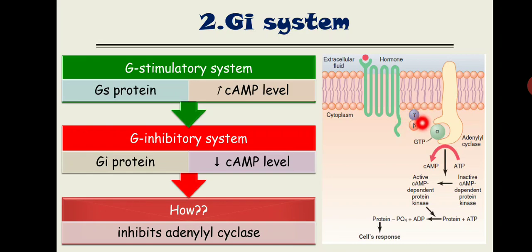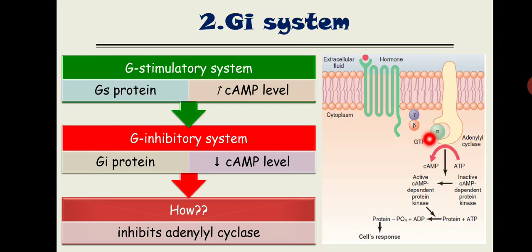Before binding of a ligand, this G protein does not get attached to the intracellular domain. Once the ligand comes and binds with the extracellular domain, conformational changes take place, and the receptor will bind with the entire G protein subunits.